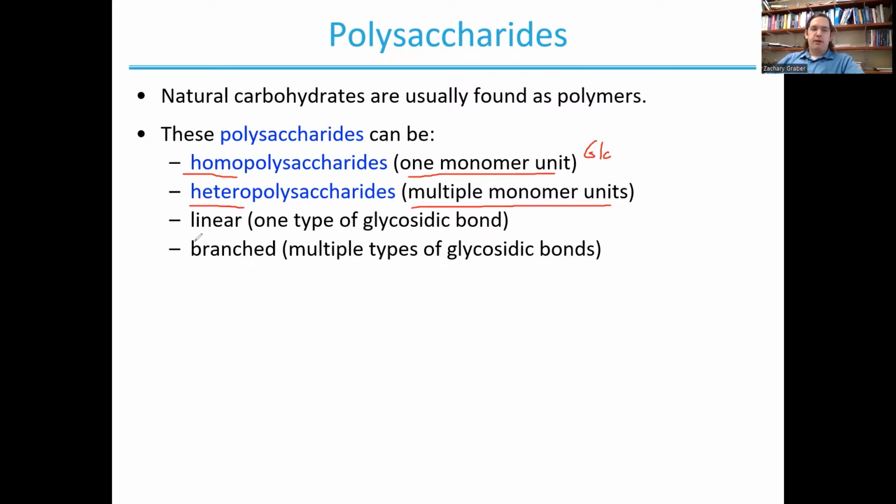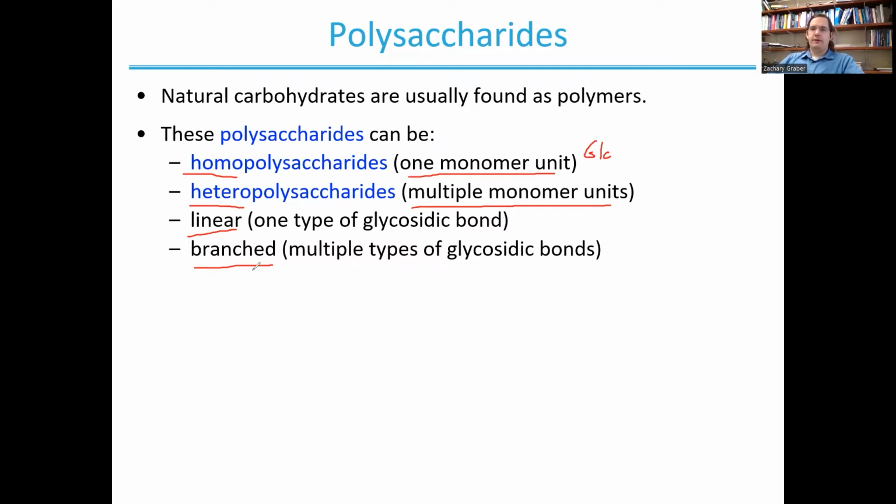Our polysaccharides can also be either linear or branched. A linear polysaccharide would have just one type of glycosidic bond repeated over and over again. So this would be similar to our proteins, right? Our proteins are linear chains of amino acids. But we can also have branched polysaccharides.